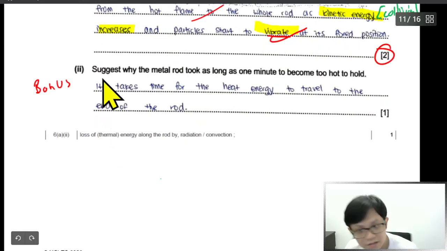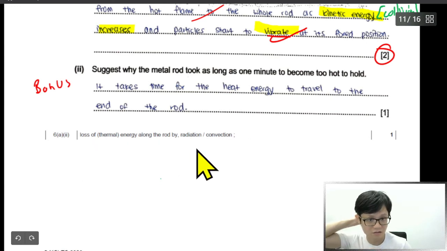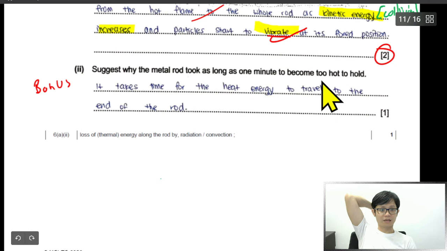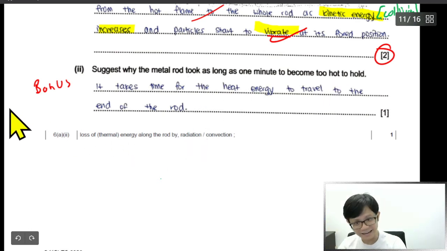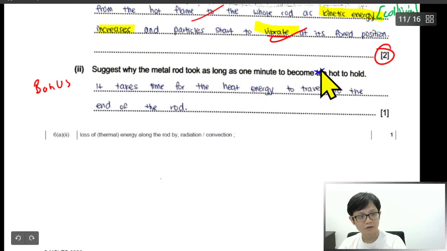So the answer for 6.2 is loss of thermal energy by the rod through radiation or convection. Suggest why the metal took as long as 1 minute to become too hot. I'm not sure, I think the question should be suggest why the metal rod took as long as 1 minute to become too cold to hold.